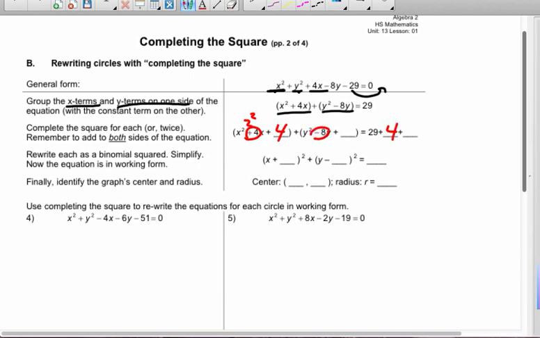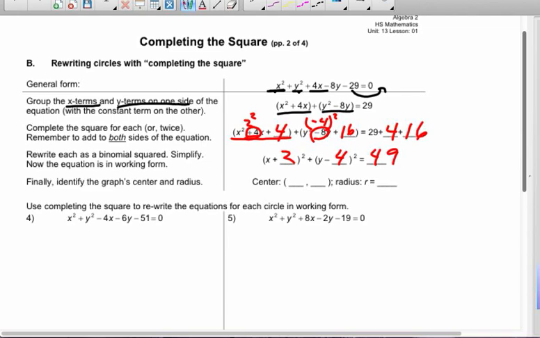I've got a negative y, so that's going to give me a negative 4 squared, which means I'm going to have a plus 16. And I need to add a 16 out here. Okay? And now we come back in, we factor this. So this is going to be x plus half of b, 2 squared, plus y minus 4 squared will be equal to 49.